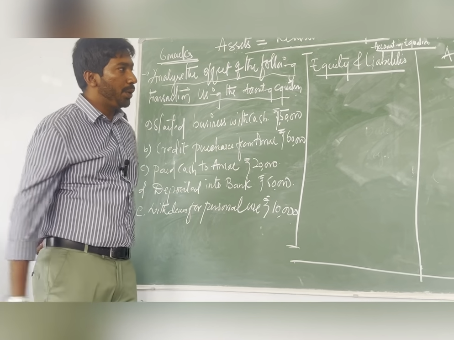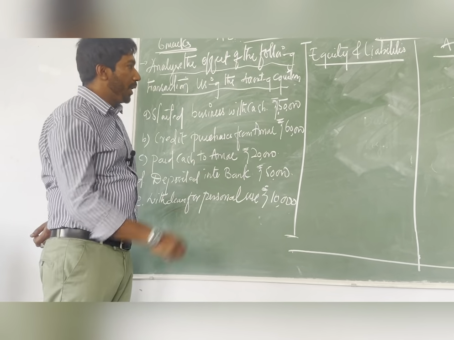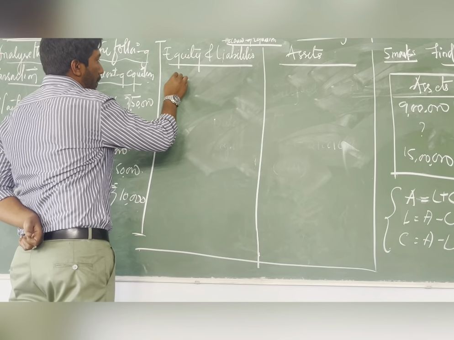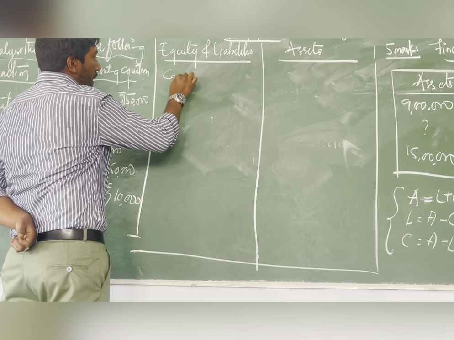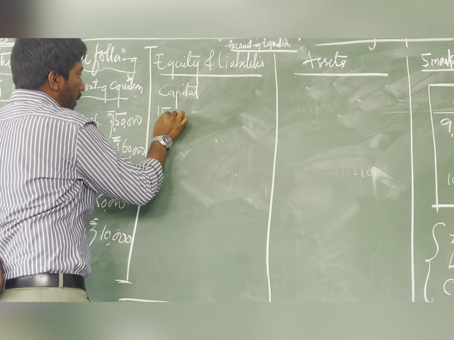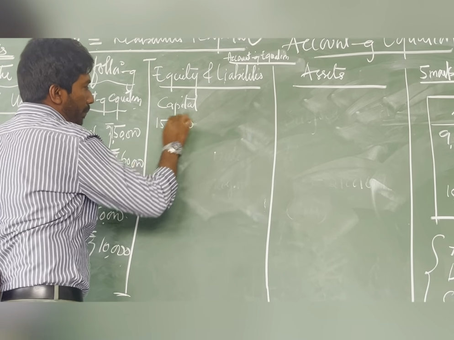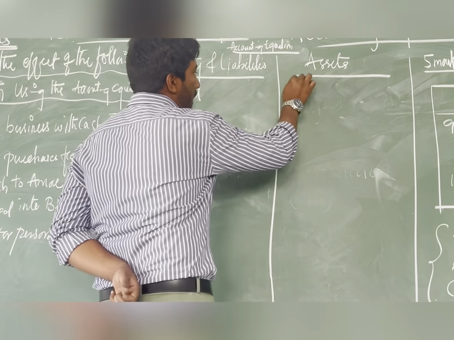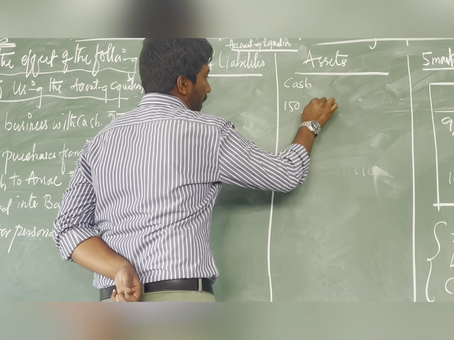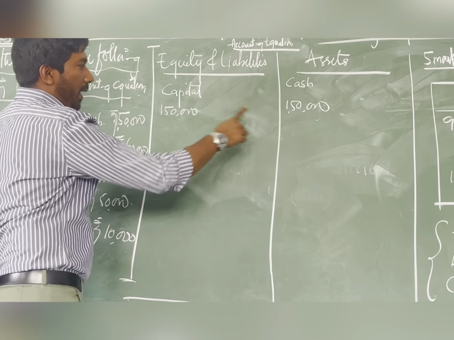Let's see how it will reflect in the accounting equation. First, on the liability side, we write capital: we have brought in 1,50,000. Here cash is also coming in, cash equals 1,50,000.